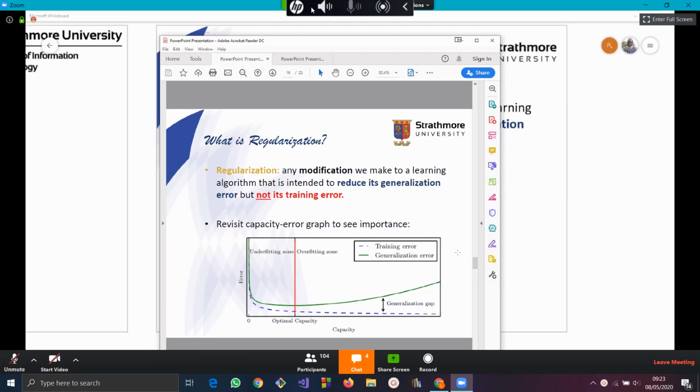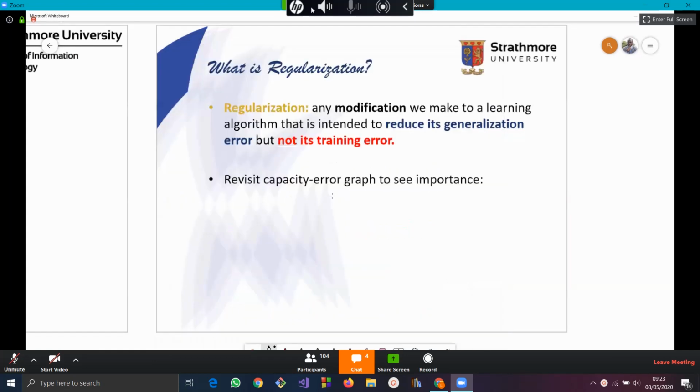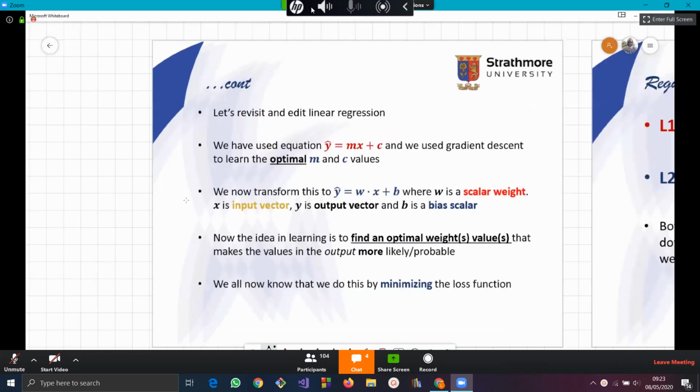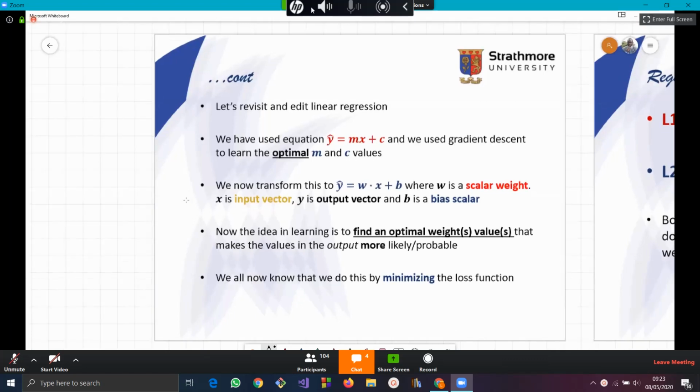This will later lead us to deep learning and the theory in deep learning. So in our linear regression, like above there, we all know the equation of a line is y = mx + c, where m is the gradient and c is the y-intercept. Those two things are important as far as the linear equation is concerned.